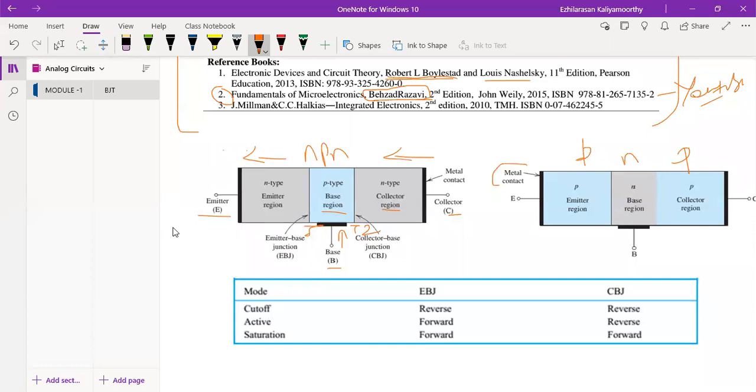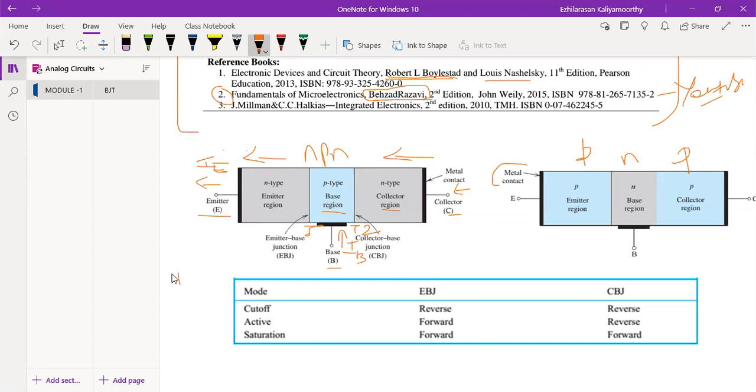This current is IE, this current is IC, and this current is IB. When I apply Kirchhoff's current law, the amount of current which enters the node is equal to the sum of the current leaving the node.